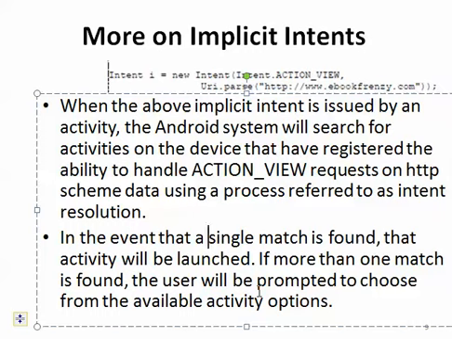So that's the difference. Just summarizing: we need to define an intent before we start an activity, especially when we have an application with multiple activities. We have two categories, explicit and implicit.